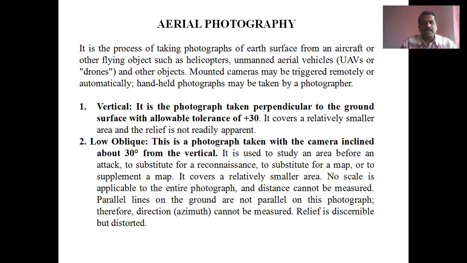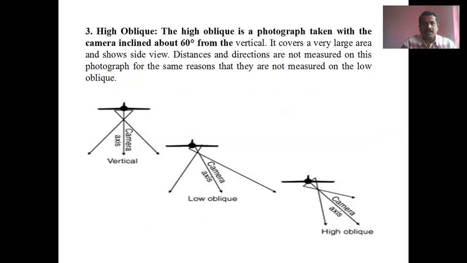No scale is applicable to the entire photograph and the distance can't be measured. Parallel lines on the ground are not parallel on this particular type of photograph. Therefore, direction, generally we say azimuth, can't be measured. Relief is discernible but it can be distorted.